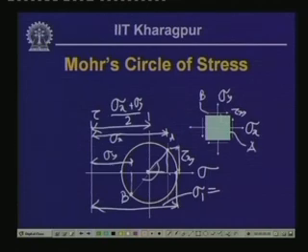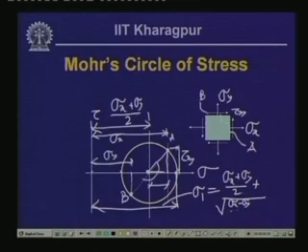This distance is sigma x minus sigma x plus sigma y by 2, which comes as sigma x minus sigma y by 2, and this is tau x y. That is why sigma 1 equals sigma x plus sigma y by 2 plus root of sigma x minus sigma y by 2 square plus tau x y square. And this gives you the minimum principal stress, which is this distance minus the radius, sigma x plus sigma y by 2 minus root of sigma x minus sigma y by 2 square plus tau x y square.